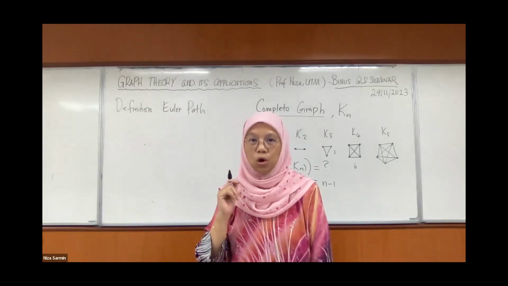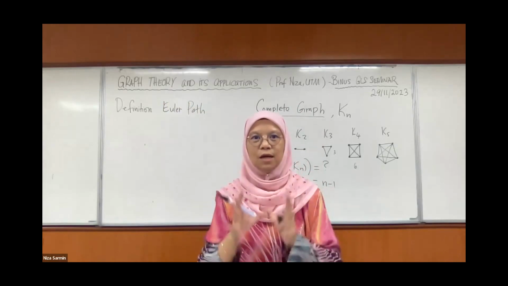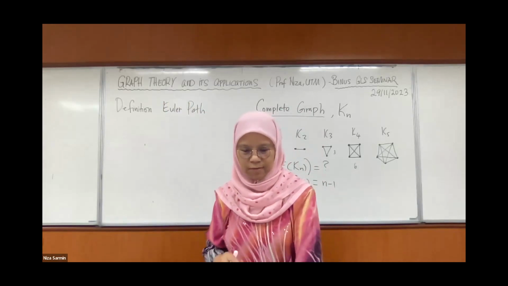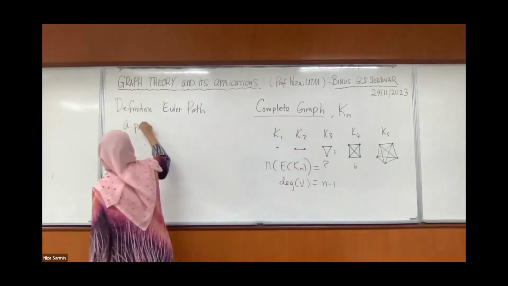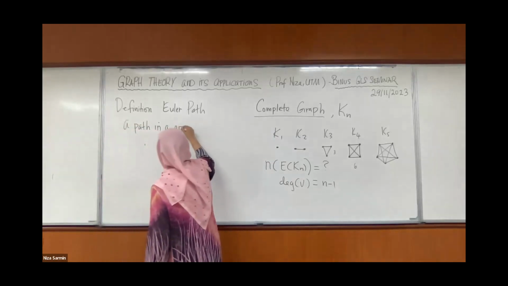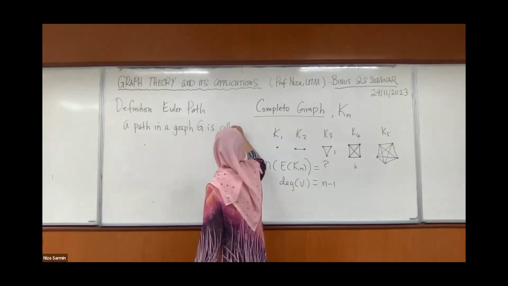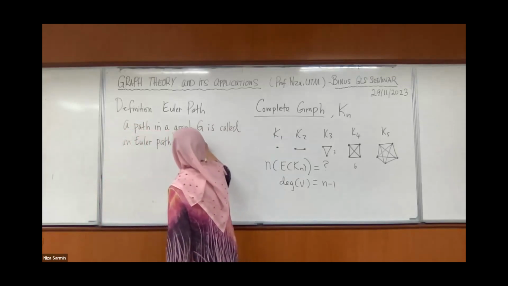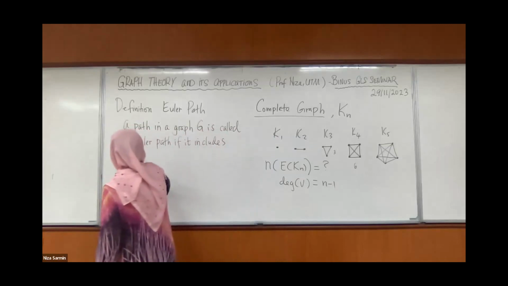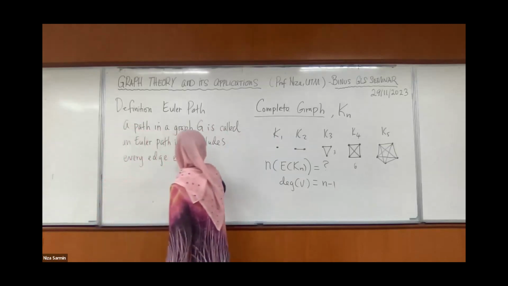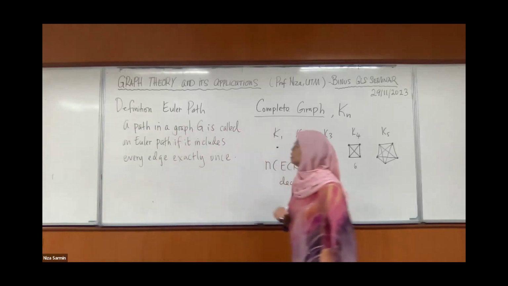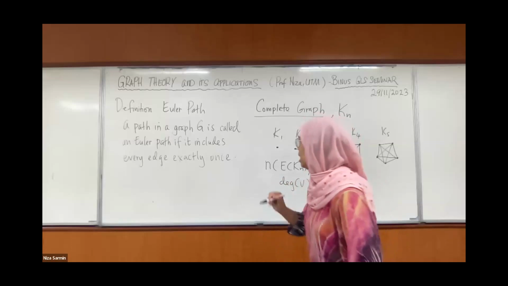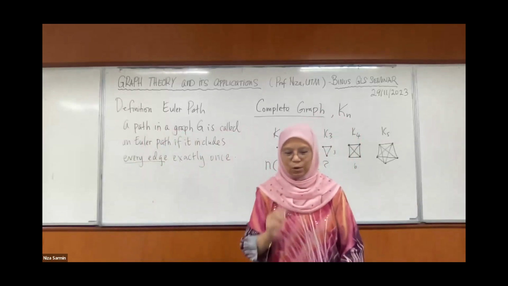A path in the graph is called an Euler path if it includes every edge exactly once.